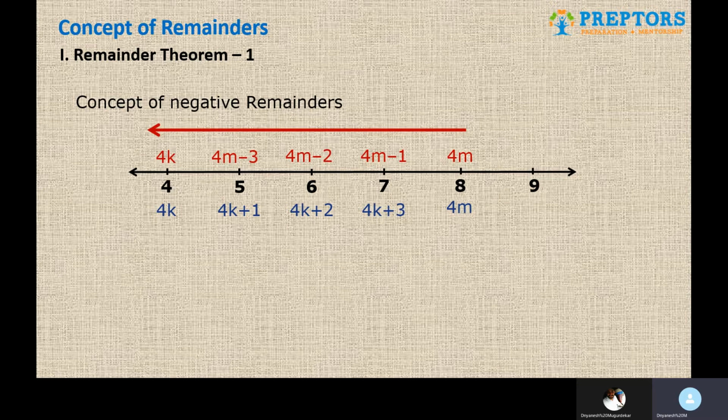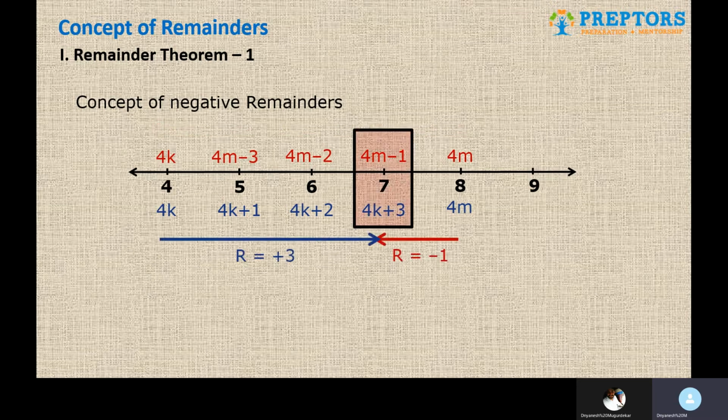And 4 we get as 4k, a multiple of 4 itself. Now suppose I pick one number out of these, say 7. For that number 7, I have two generic forms available: one is a multiple of 4 plus 3 and the other is a multiple of 4 minus 1.